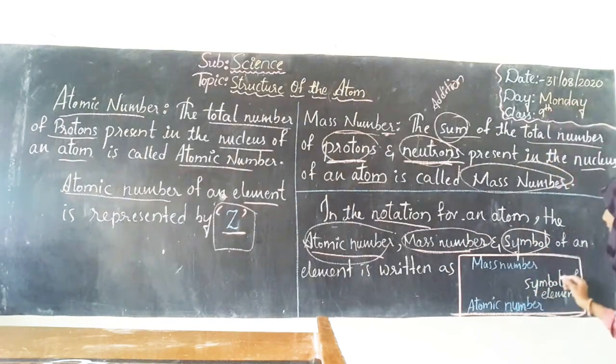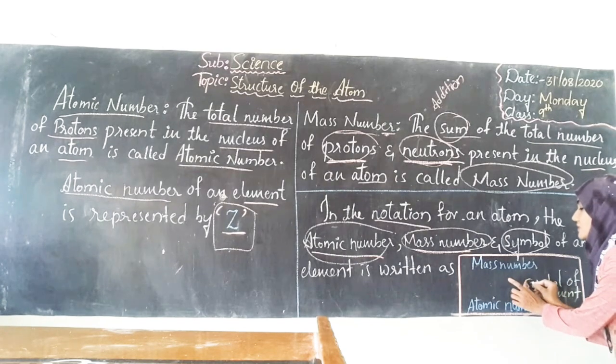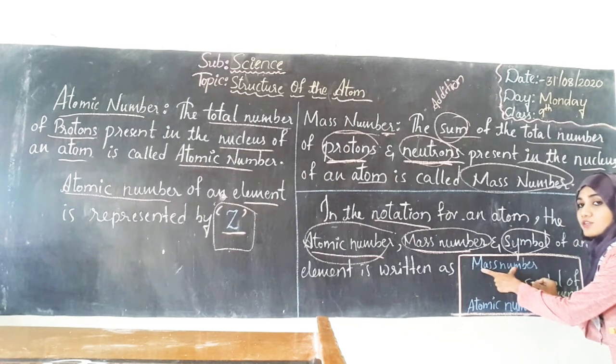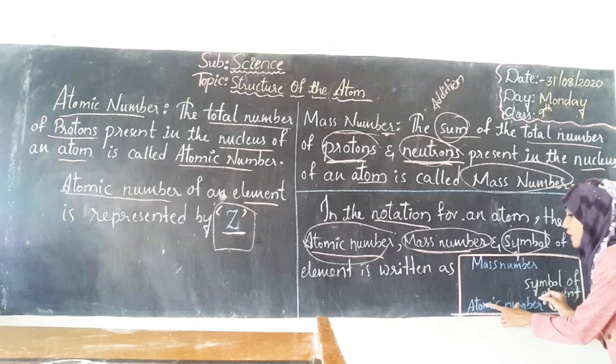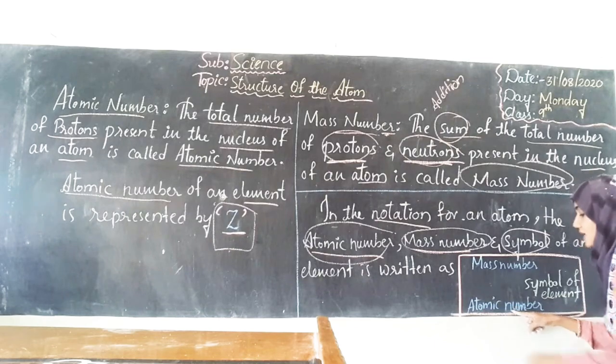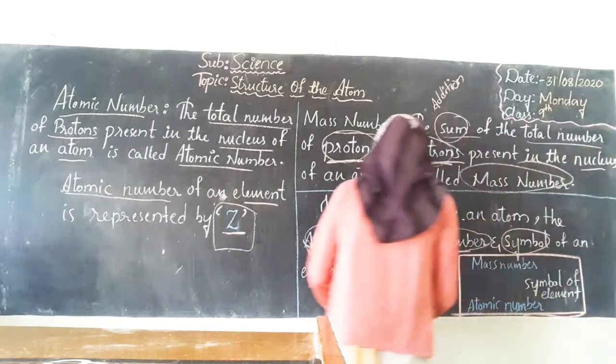For example, you place the symbol of the element here, and at the top left you write the mass number, whereas at the bottom left you represent the atomic number. Let's take an example, nitrogen.